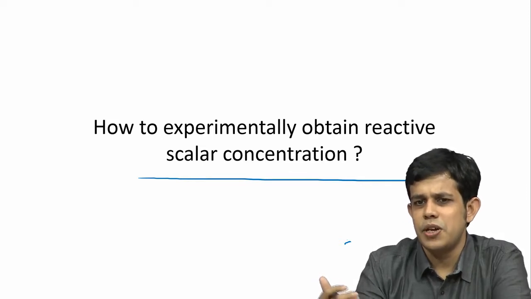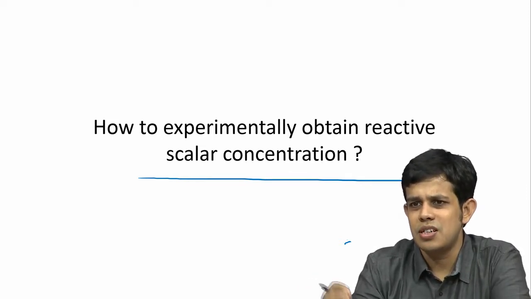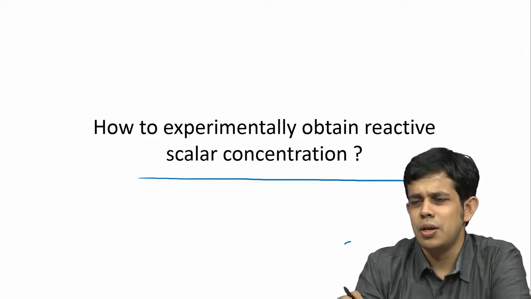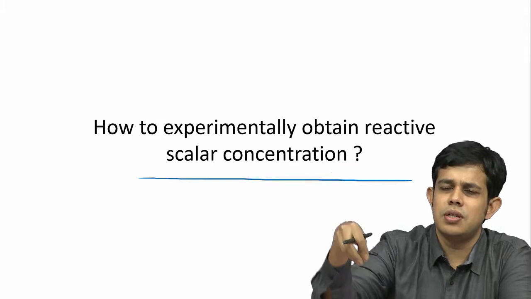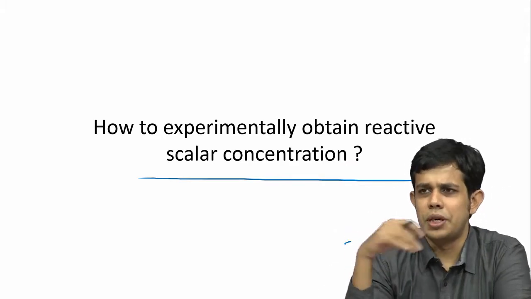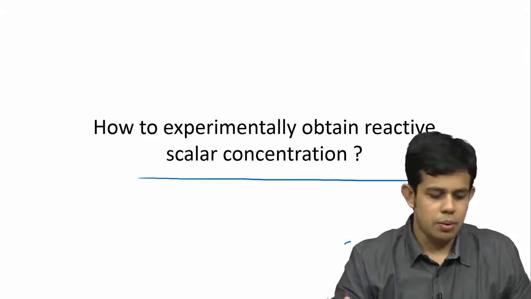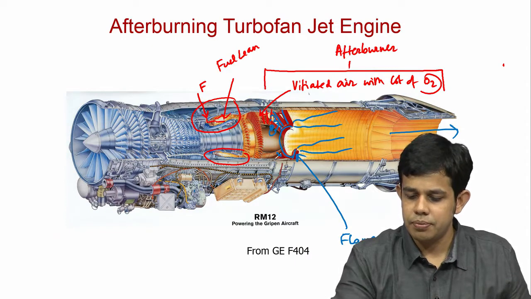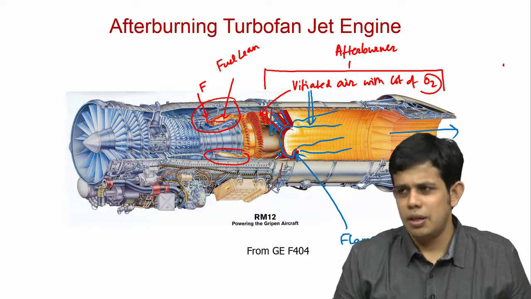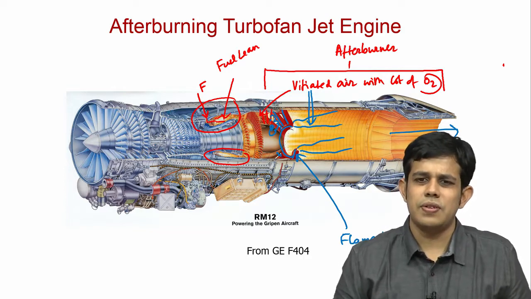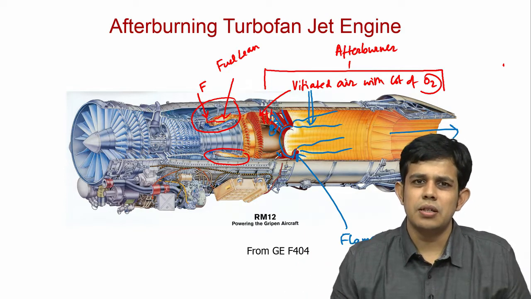And you have to measure it in a way so that you do not disturb the flow inside the combustor. You cannot have a big probe sitting inside the combustor which distorts the flow itself. Putting a physical probe is difficult, but even in a normal laboratory setup, it will disturb the flow.